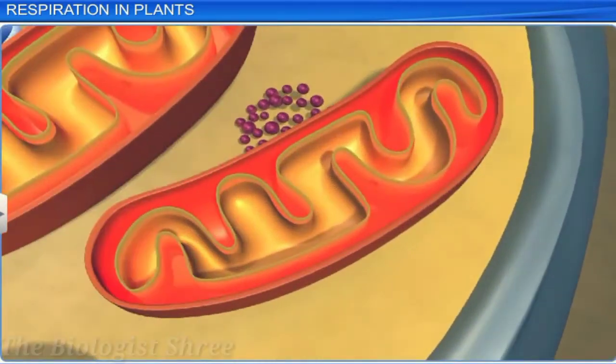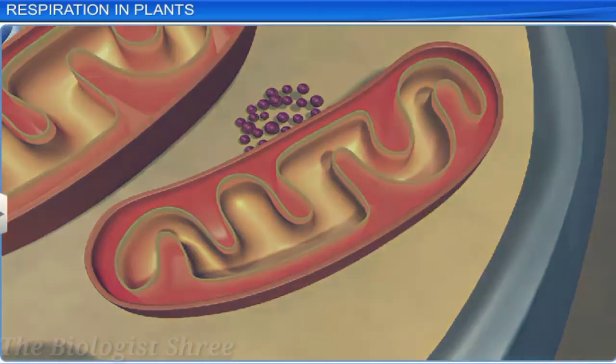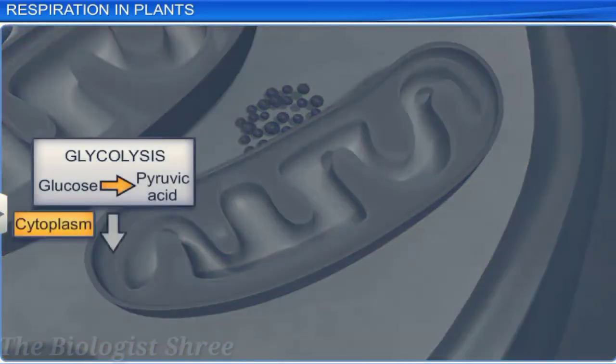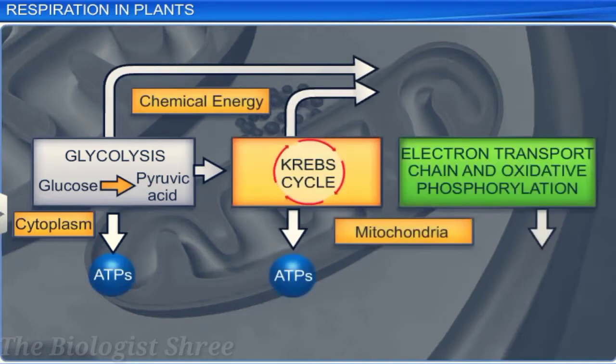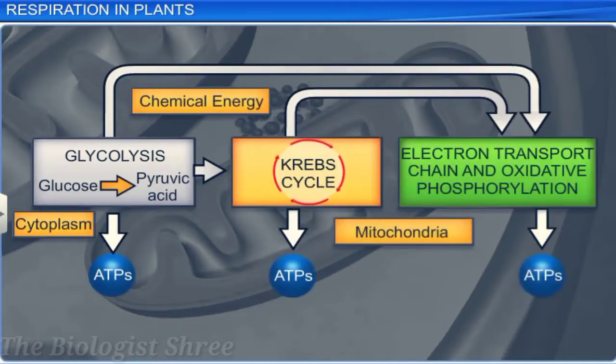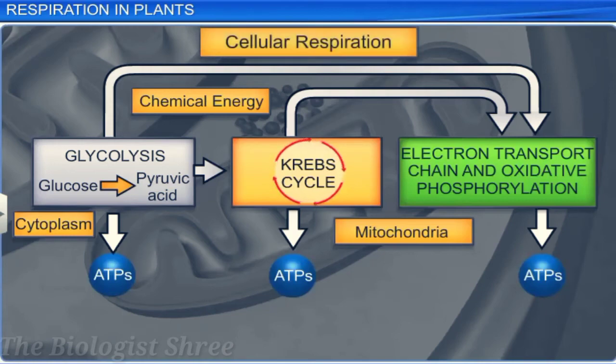In eukaryotes, it takes place in 3 distinct stages, namely glycolysis in cytoplasm, Krebs cycle, and the electron transport chain, or ETC, in the mitochondria. Since it takes place inside the cells, it is called cellular respiration.